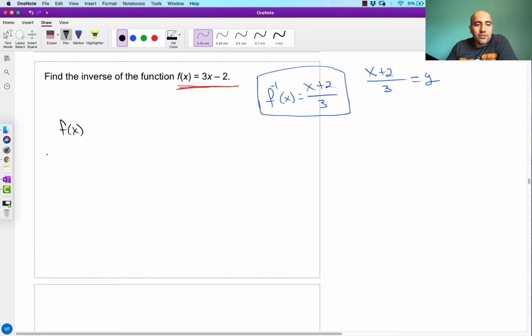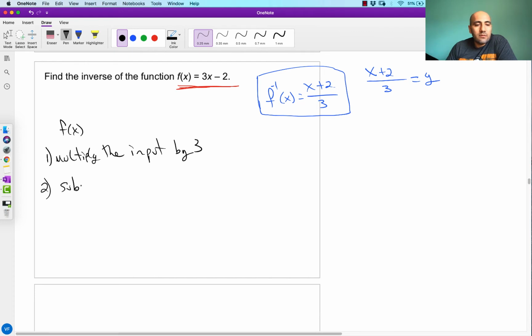The f of x function, what does it do? It takes the input, and the first thing you have to do, following the order of operations, is to multiply the input by 3. And then once you have that, you're going to take the result of that product and subtract 2.